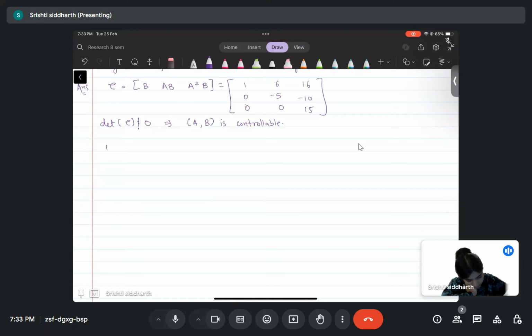And now we have to find out the similarity transformation T, which is C, CA, and C squared. Please note that C is not the output matrix written Y equals CX. In this case, C is going to be a row vector alpha 1, alpha 2, alpha 3.